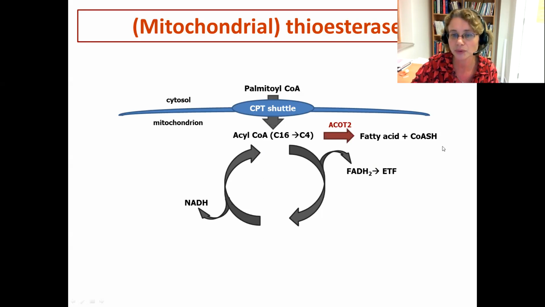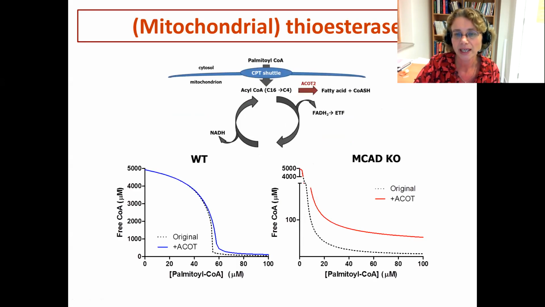And he modeled what was happening then. He modeled both the wild type and the mutant situation. What you will appreciate here is that in the mutant situation, it didn't matter so much, just a little bit. But this is the disease case. And here you see the free coenzyme A, which is dropping much more drastically in our patients than in the wild type.